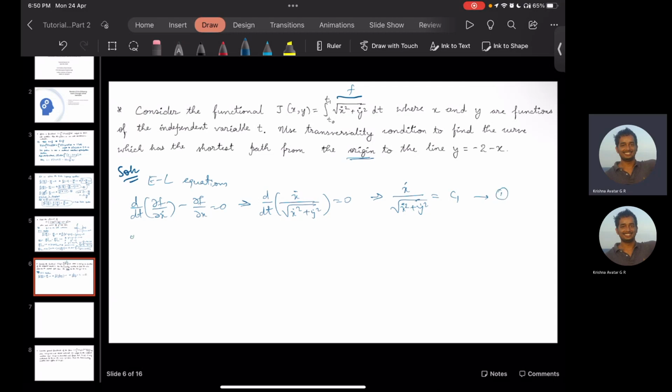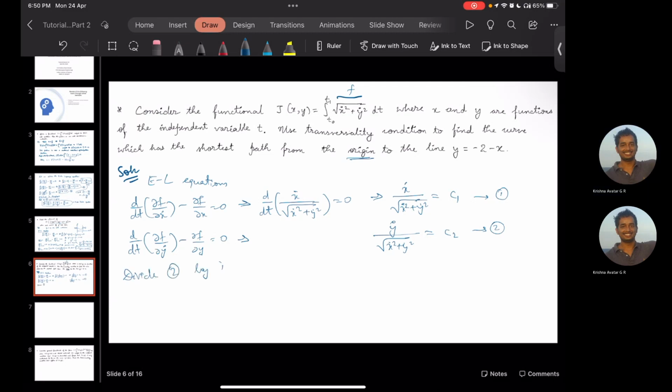Call it equation 1, and likewise let's have a second Euler-Lagrange equation, which is d by dt of partial f by partial y dot minus partial f by partial y is equal to 0, and this also leads to a similar equation: y dot by root over x dot square plus y dot square is equal to c2, and that is equation 2. Now what you see is, divide 2 by 1 to get what?